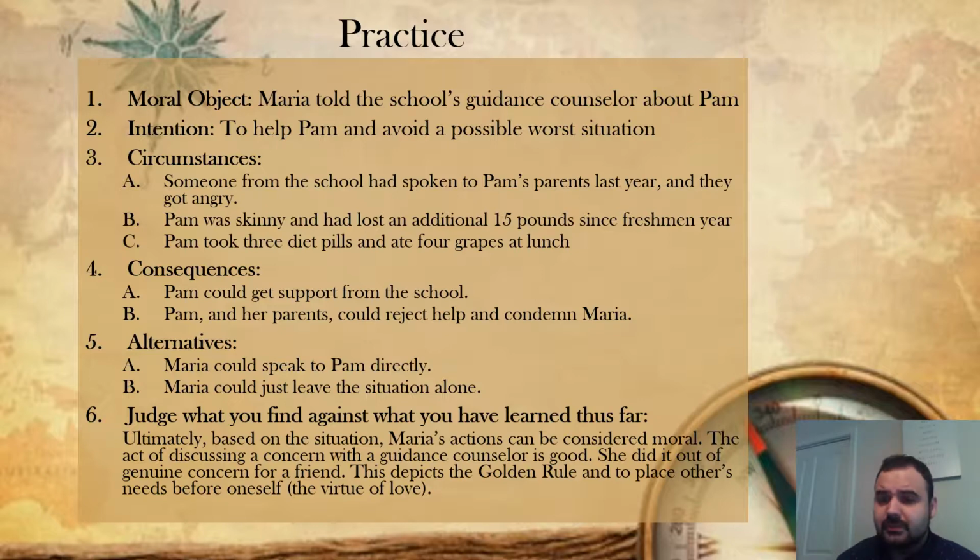So ultimately, based on what we've learned about morality, we might say that our actions could be considered moral. The act of going to tell the guidance counselor out of concern for a friend, we couldn't reasonably say is immoral. It might make certain people mad, but it wouldn't be immoral because what she is doing, she's looking out for her friend. She's depicting the golden rule, to treat others the way she'd want to be treated, to seek love and will good for another.